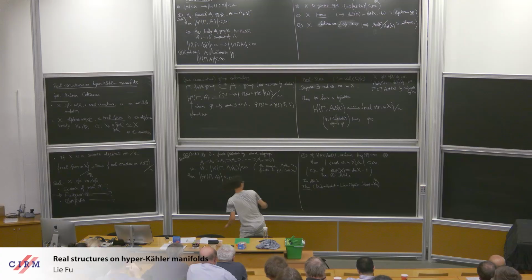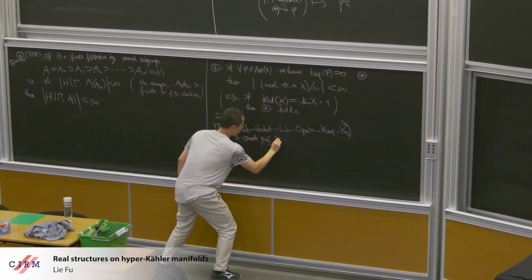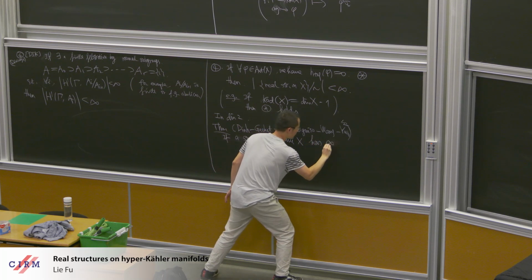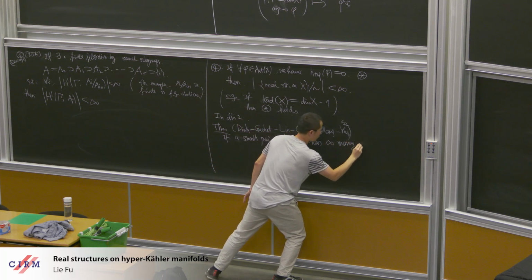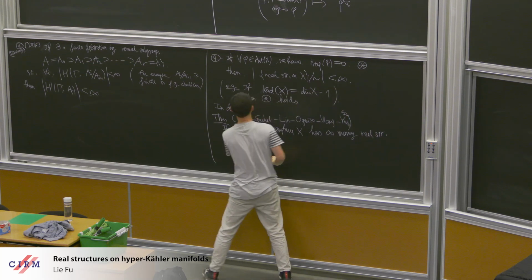So they said that if X, a smooth projective complex surface, has infinitely many real structures up to conjugation, then it has to be of the following type.